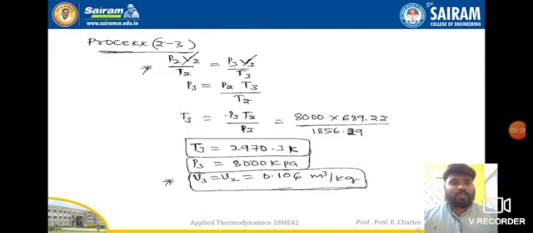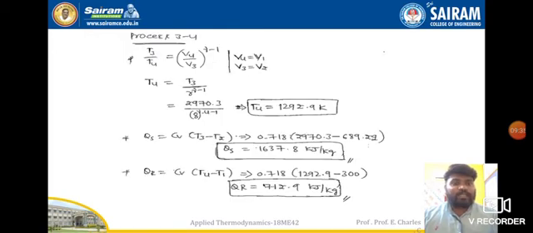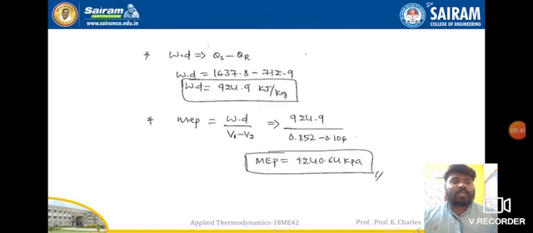We found out all the values, and then the 2 to 3 process is constant volume. So we removed the volume terms and found out the remaining things. And 3 to 4 is again an adiabatic process. So we wrote the adiabatic process formula, and then the heat supplied and heat rejected formulae, and found out the values.